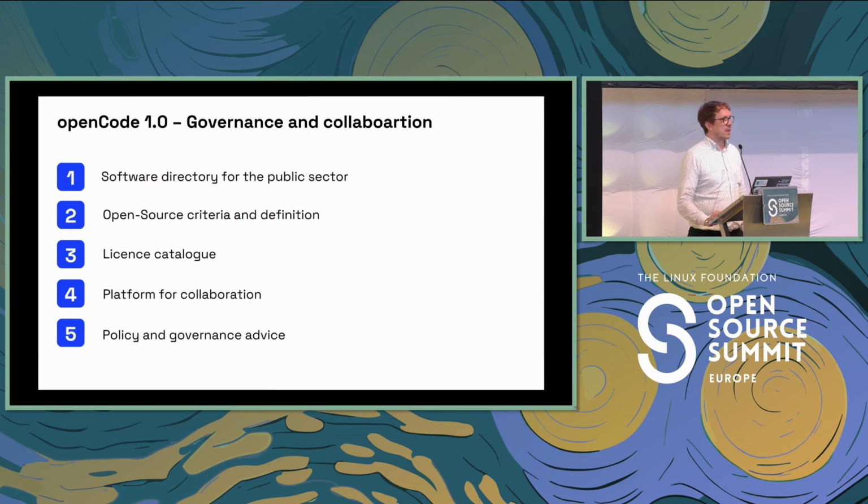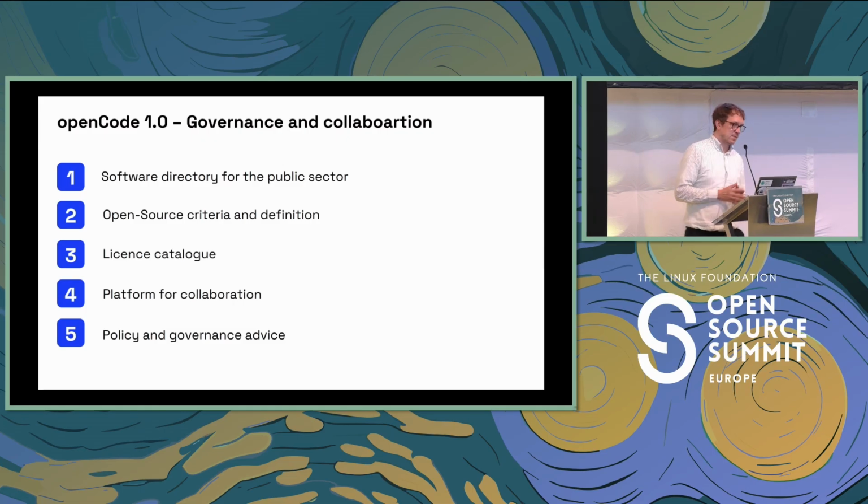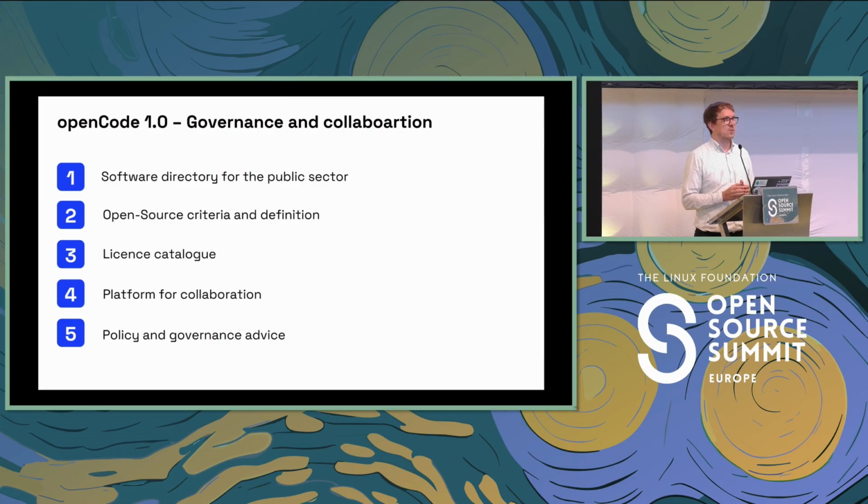Also, for public sector, it's good to get it into governance in terms of criteria. In this case, it means defining the open source criteria and the definition. For sure, we didn't invent that new. It's the OCI criteria, but written in a language and terms for public sector in Germany. And also a very important point is all about legal and licenses.